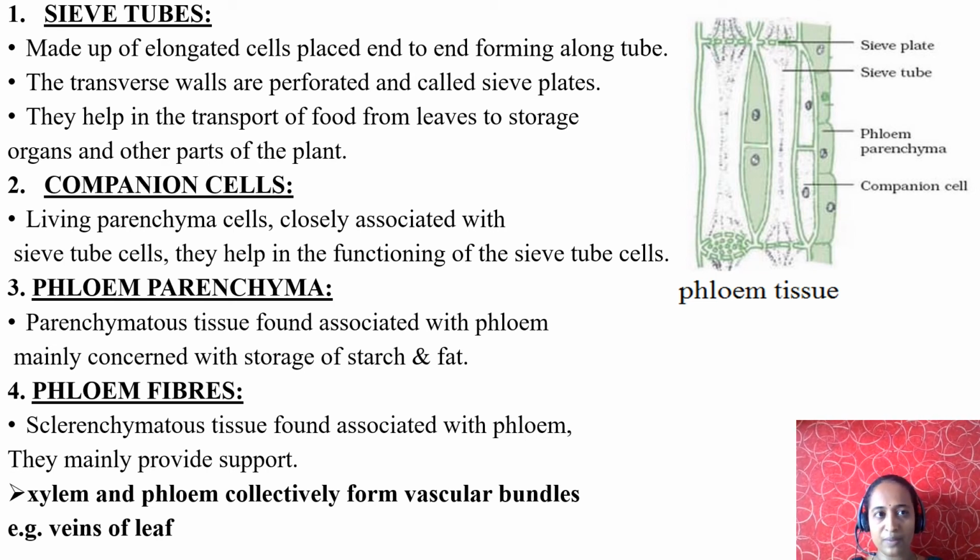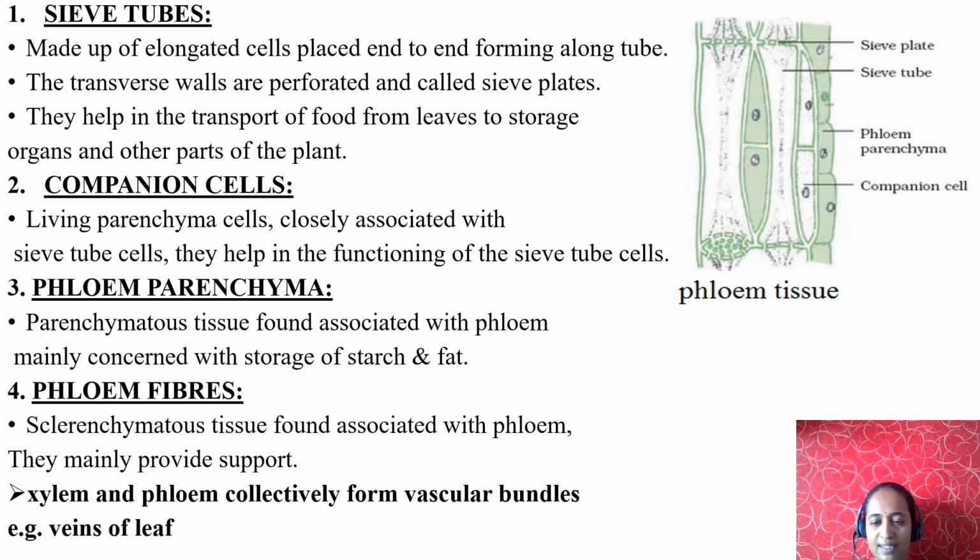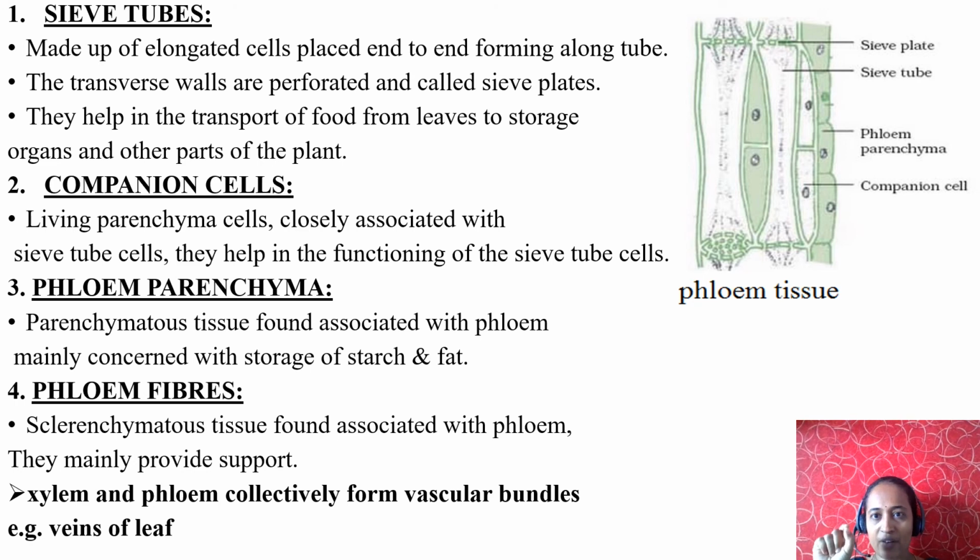Let us see what is meant by sieve tube. See the picture? This is a sieve tube. It is made up of elongated cells placed end to end, just like a xylem, forming a long tube. The cells are stacked one above the other, forming a long tube. The transverse or side walls are perforated, which have holes, called sieve plates.